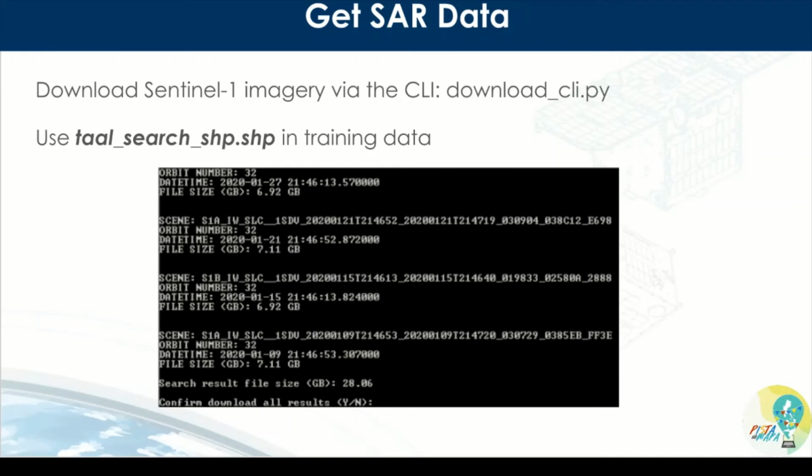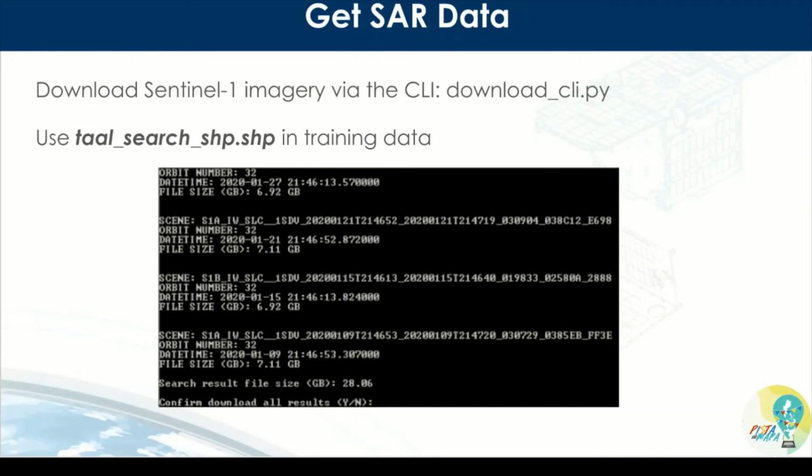Once you have an account, you can use the command line interface and then input your username and password, and then you can filter the results by specifying a start date, end date, output folder.